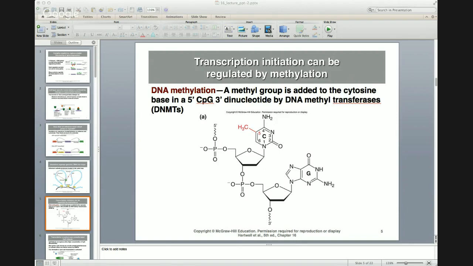Males pass it on, females do not. So that's maternal imprinting. I will pause here and ask for any questions on genomic imprinting. Do I need to explain the pedigree any further?